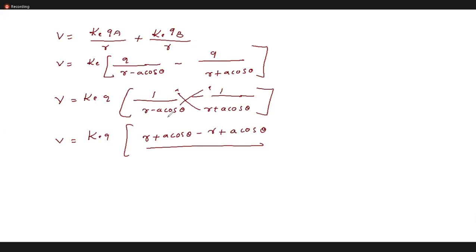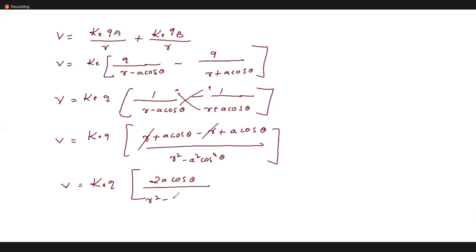In the denominator it is in the form of (a plus b)(a minus b), so it is R square minus a square cos square theta, right? Yes or no? Then V is equal to KQ. Let me cancel R and minus R. Then you are remaining with 2a cos theta divided by R square minus a square cos square theta. This is the equation you got here, right?